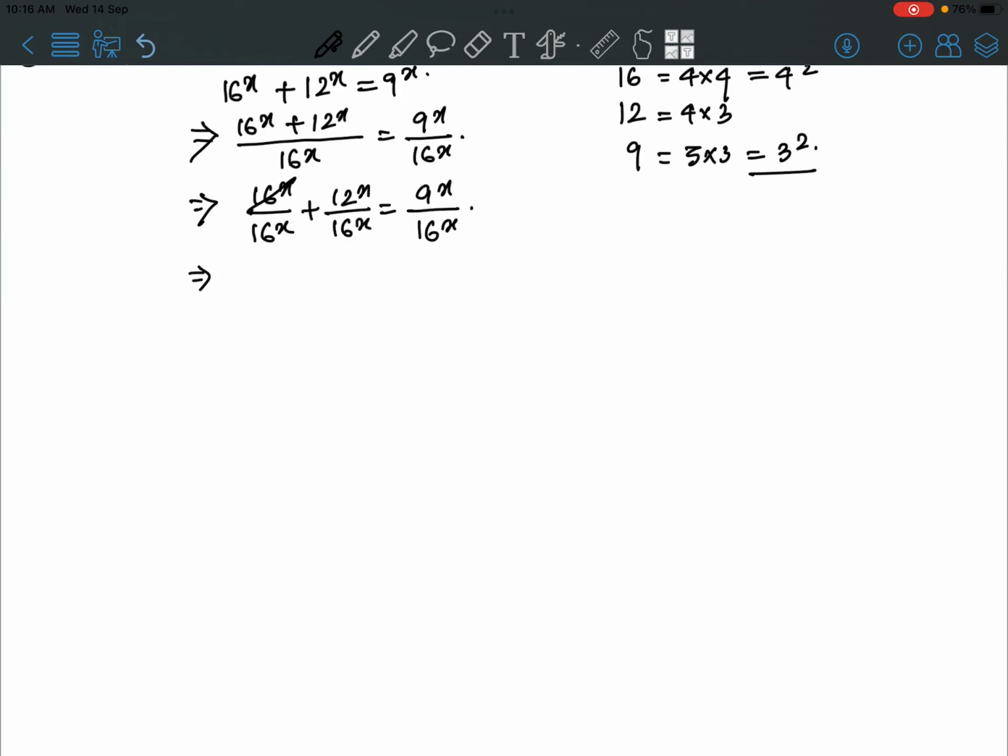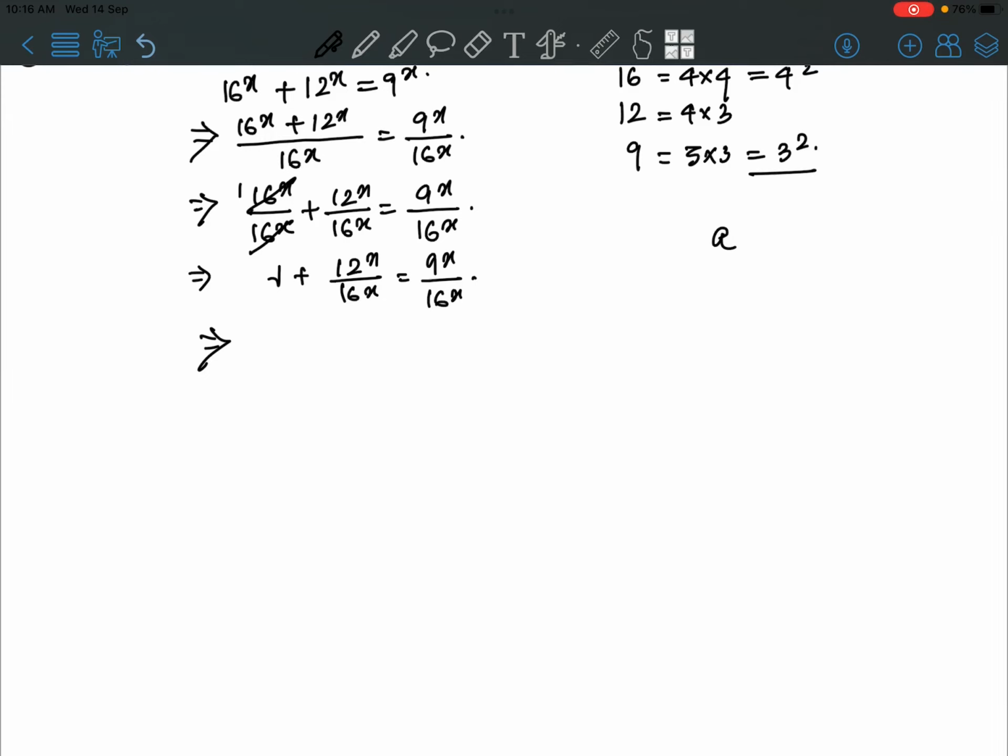Now, 16 to the power x in the numerator and denominator will cancel out each other. Now, 1 plus 12 to the power x over 16 to the power x equals 9 to the power x over 16 to the power x. Now, by using the laws of indices, which formula are we going to use?